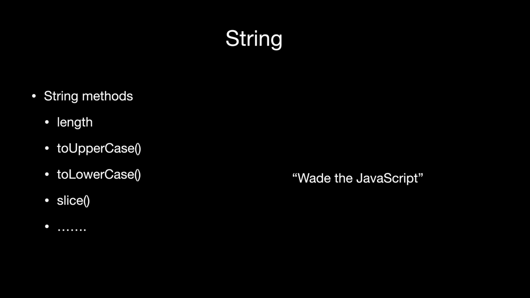So first we have length, which tells about the length of the string, that is the number of characters in the string. Next we have toUpperCase, which basically returns the string in capitals. Similar to that, we have toLowerCase, which returns the string in lowercase. Next we have slice and so on. So we are going to see some of these in action.